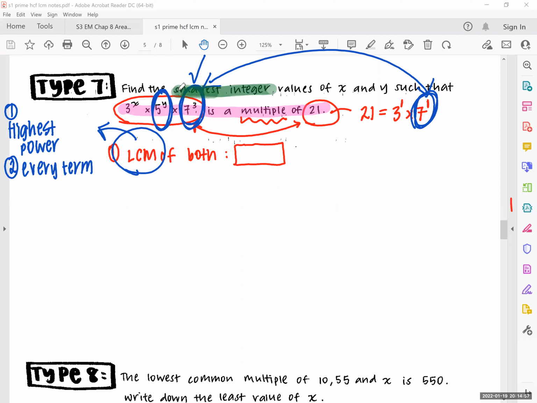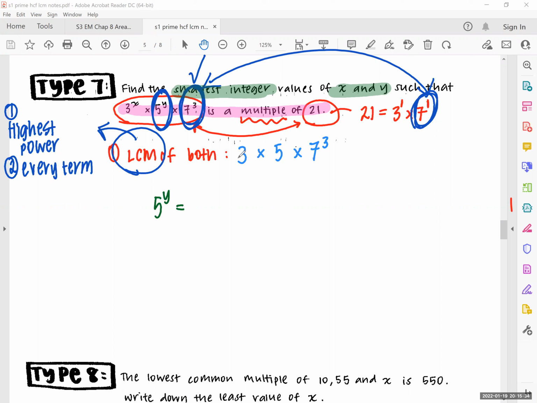They want the smallest integer of x and y, right? Imagine if I tell you the smallest, what do you think your LCM can be? I know for sure that my LCM definitely has a 7 to the power of 3. Agree, guys? We need 5 to the power of something that exists also, and a 3 to the power of something that exists also, correct?